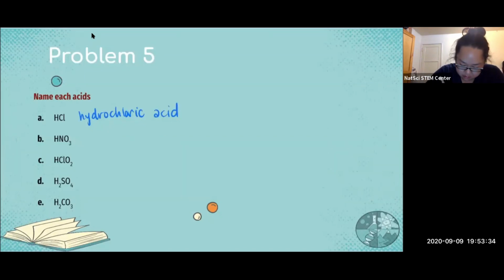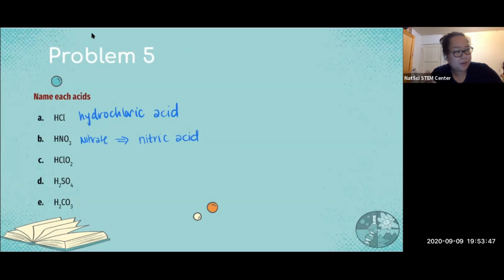Ate has an "ic," so it'd be nitric acid. So nitric acid. Yep. Next, ide gets a hydro-ic, so hydro.